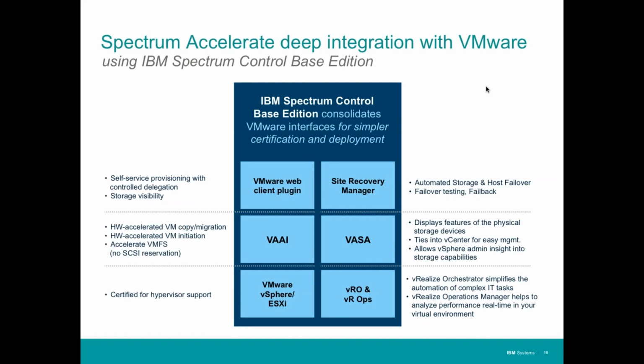Daniel touched on some of these APIs, but I think the most important ones here are VAAI, vStorage API for array integration, and VASA, vStorage APIs for storage awareness. I think these two are critical.